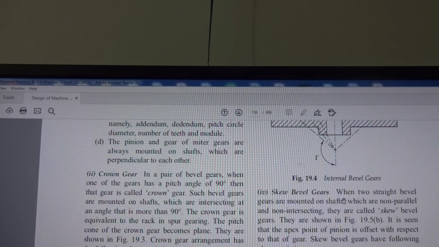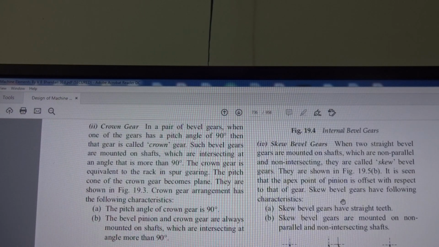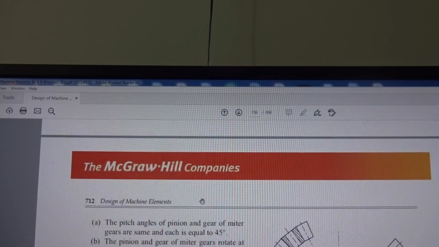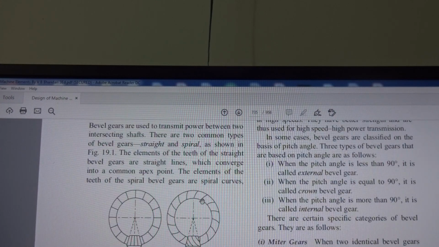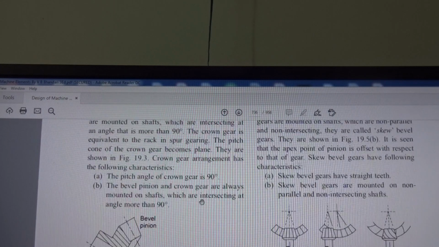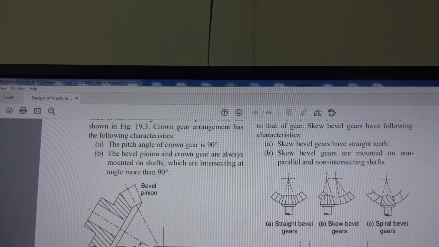So if the pitch angle is 90 degree, this is known as the crown bevel gear. Already I discussed the crown bevel gears. This is the crown bevel gear. When the axis of the gear and pitch line make the angle 90 degree, this is known as the crown bevel gear.